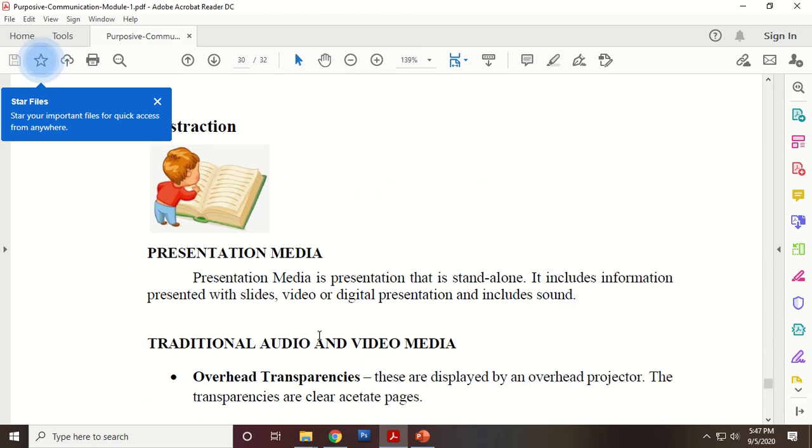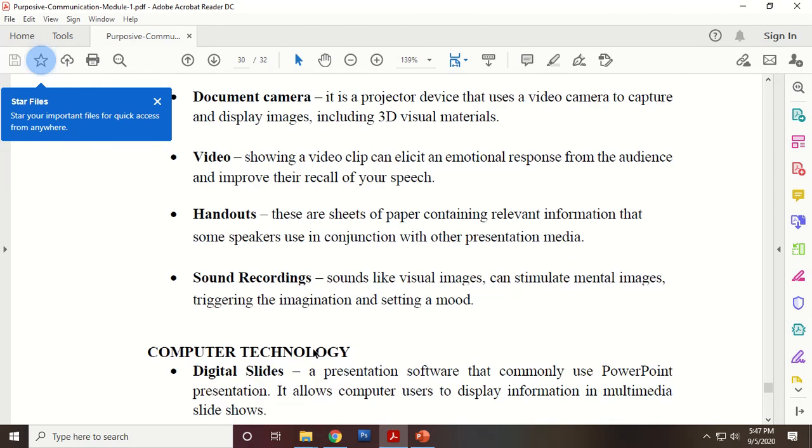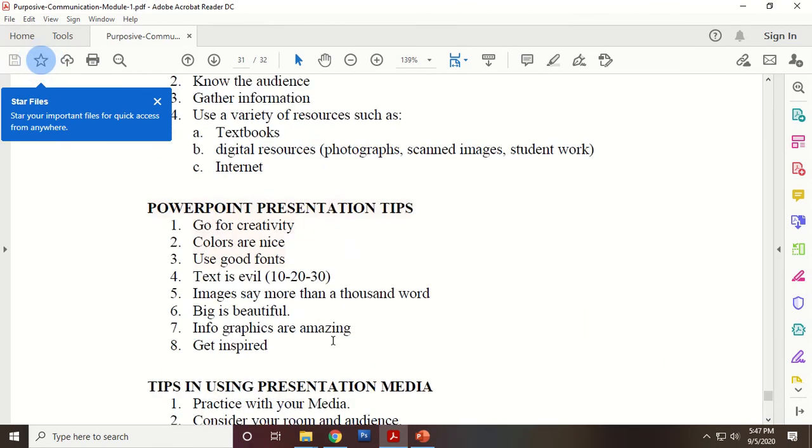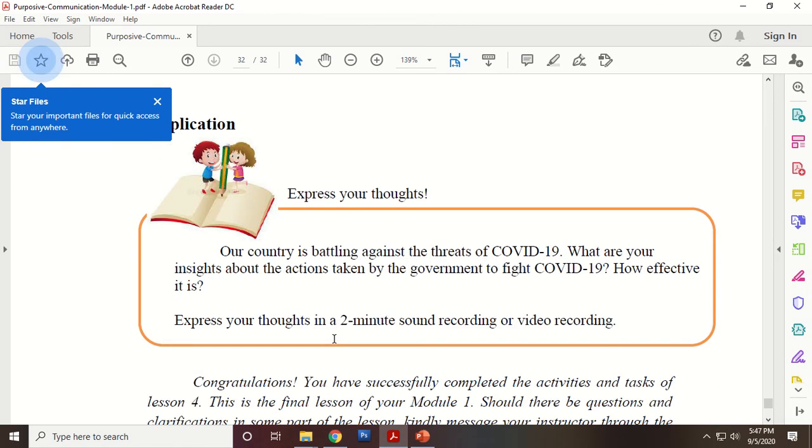For the abstraction, you're just going to read this part. And for the application on this part, you are going to answer this. Our country is battling against the threats of COVID-19. What are your insights about the actions taken by the government to fight COVID-19? How effective is it?